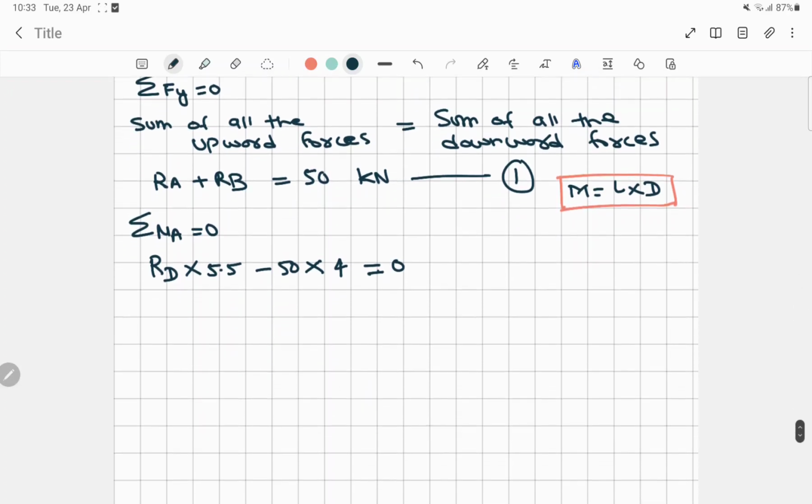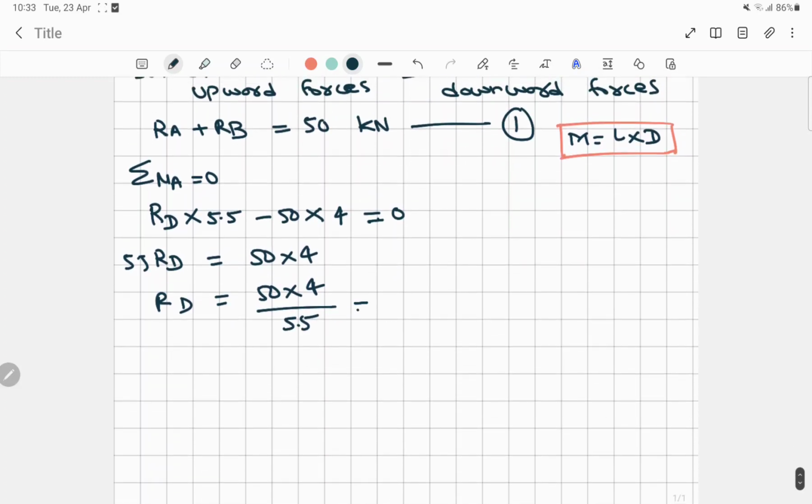From this equation we can easily find the value of RD. RD into 5.5 is equal to 50 into 4, so RD is equal to 50 into 4 divided by 5.5.